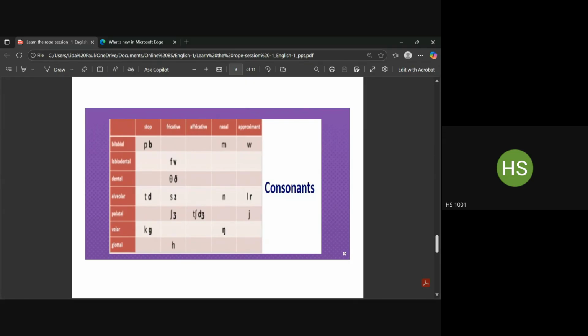If the velum is raised, then it goes out through the nose, right? So if the air leaves through the nose, then you have a nasal sound. If the velum is lowered and the air has to flow out of your mouth, then it's an oral sound, right?